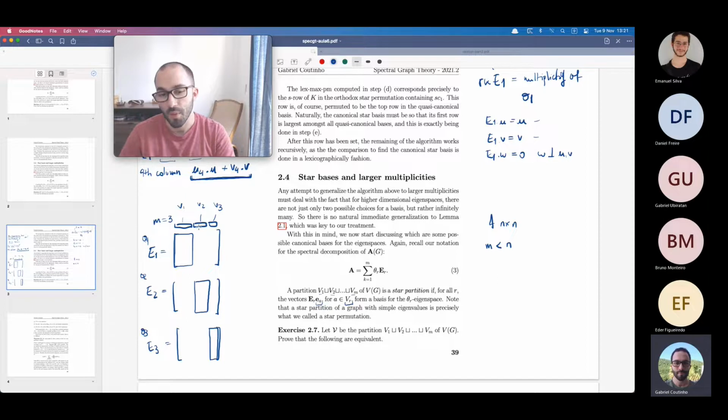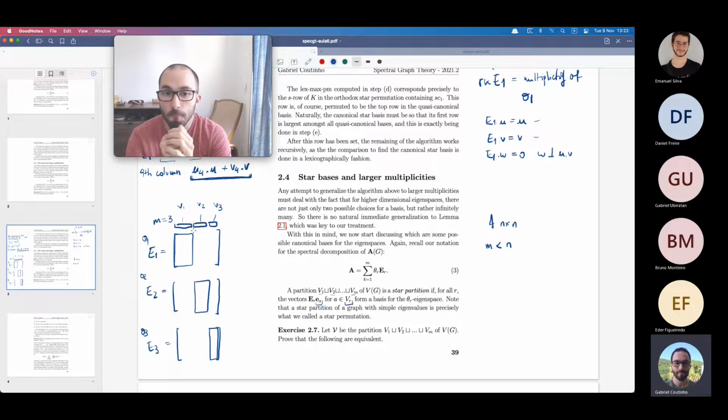Given the ordering of the vertices here, it's not necessarily true that the parts are going to be blocks like I drew, but that's the picture you should have in mind. I want to find a way of partitioning the vertex set so that each cell gives me a subset of columns in the corresponding eigenspace, and that subset is a basis for that eigenspace.